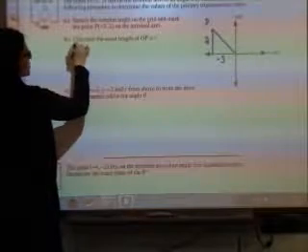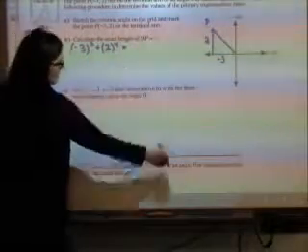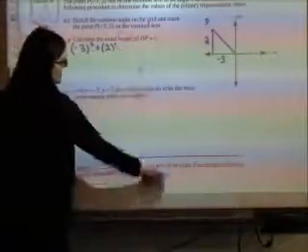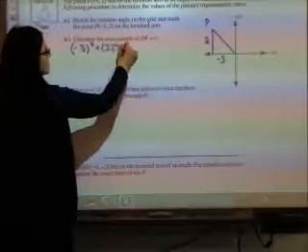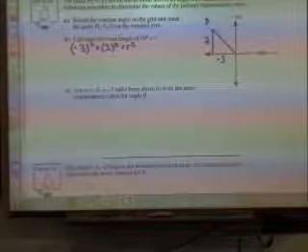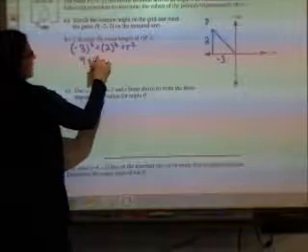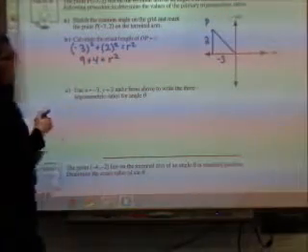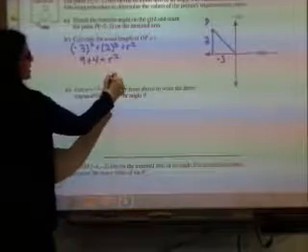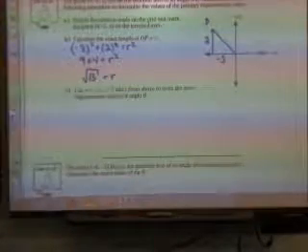So -3 squared plus 2 squared will equal R squared. So -3 squared is 9, and what's 9 plus 4? So then R is going to equal the square root of 13.